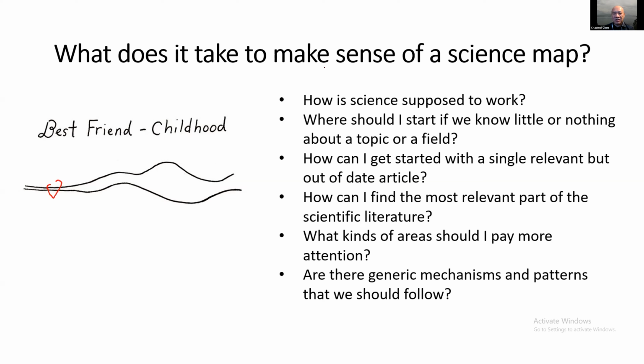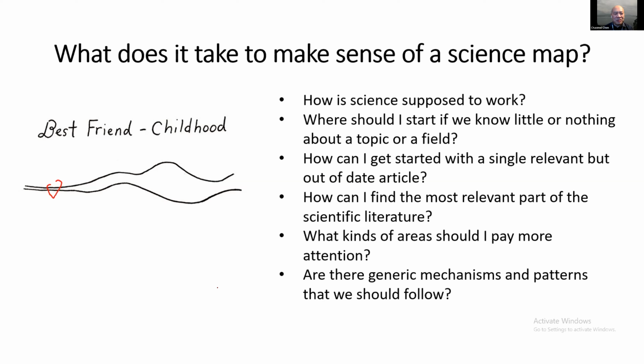I also want to emphasize a few other questions. I might be able to highlight some of the advantages of using the tools, and also something that we might be able to avoid. Second question, for example: where shall I start? Suppose I know nothing, or very little, about a scientific topic.